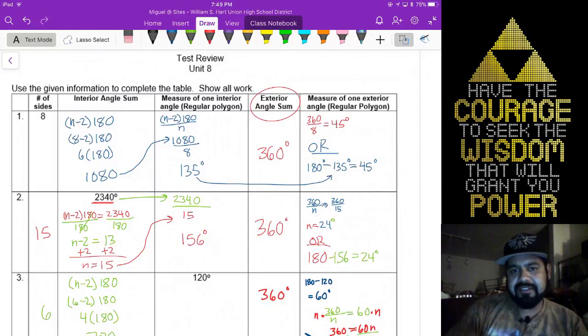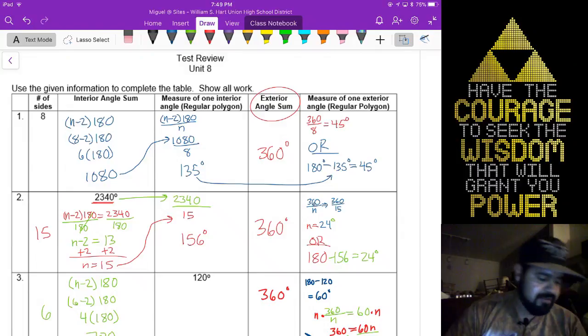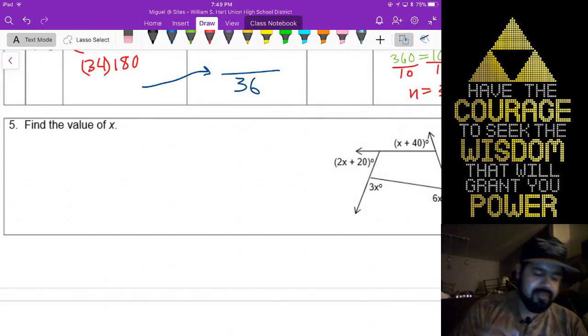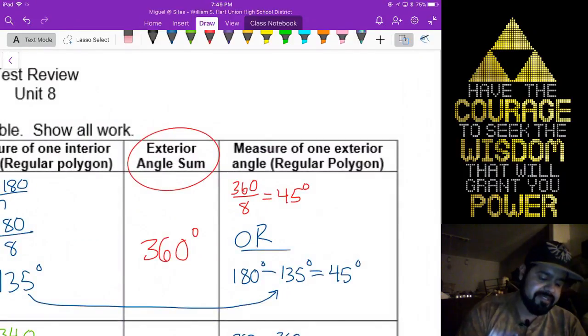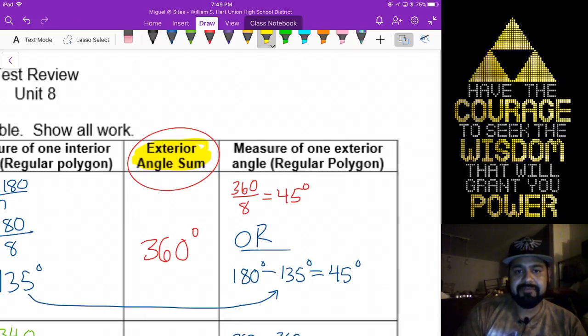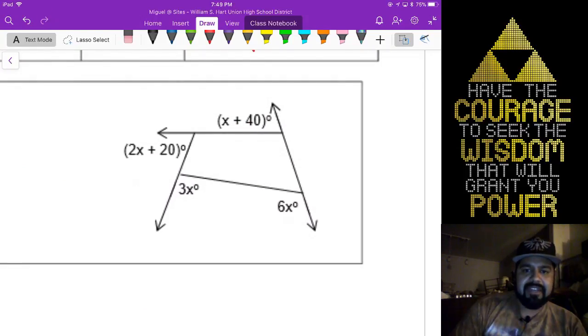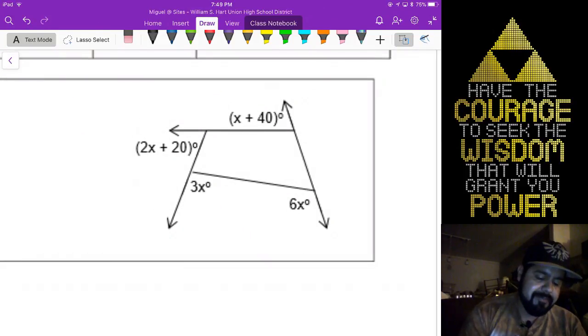Yeah. Okay. So, Kasher, you wanted to do number 5. I got you, my boy. So we're going to actually put into practice the theorem that we wrote over here, the exterior angle sum. So because the angles are outside, we're going to go ahead and set all those angles added up equal to 360.